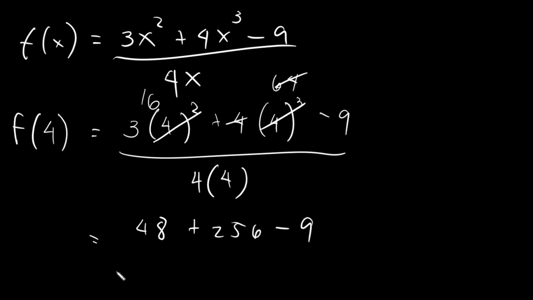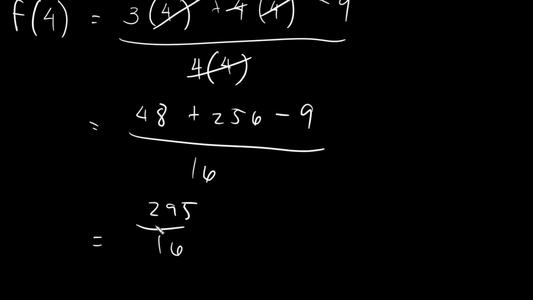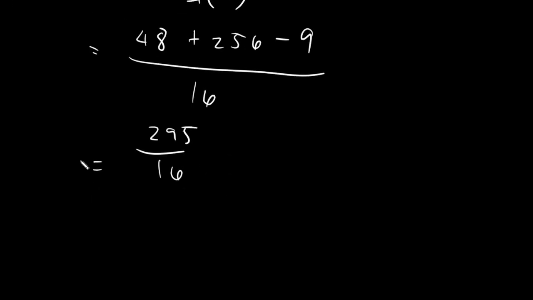Sorry, we still have the denominator below. We have 16 here. We will have 48 plus 256 minus 9, which is 295 over 16. If we try to divide that by 16, it's not divisible. Therefore, f of 4 is this one. That's all, it's that easy.